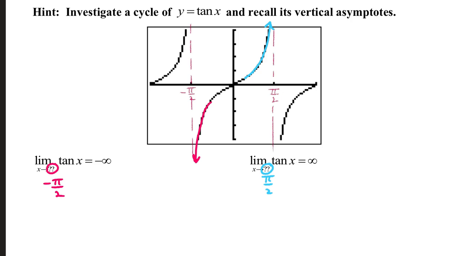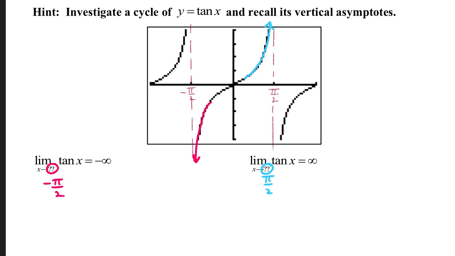On the unit circle, tangent is the y-coordinate divided by the x-coordinate at each angle. There are times when that's undefined, specifically at the top of your unit circle at pi over 2, you have the ordered pair 0, 1. And if you divide 1 by 0, it's undefined. That creates a vertical asymptote in the graph.